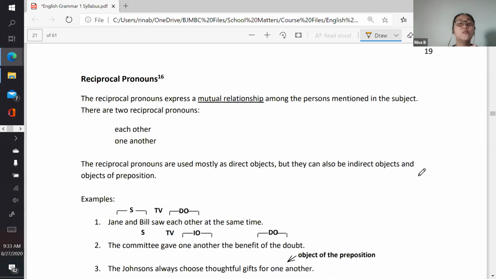Okay, the committee, meaning the members of the committee, gave one another. So the action was done together to the members of the committee. No? The Johnsons always choose thoughtful gifts for one another. Yeah, so these are just pronouns also, even if they are phrases, not just one word pronouns.